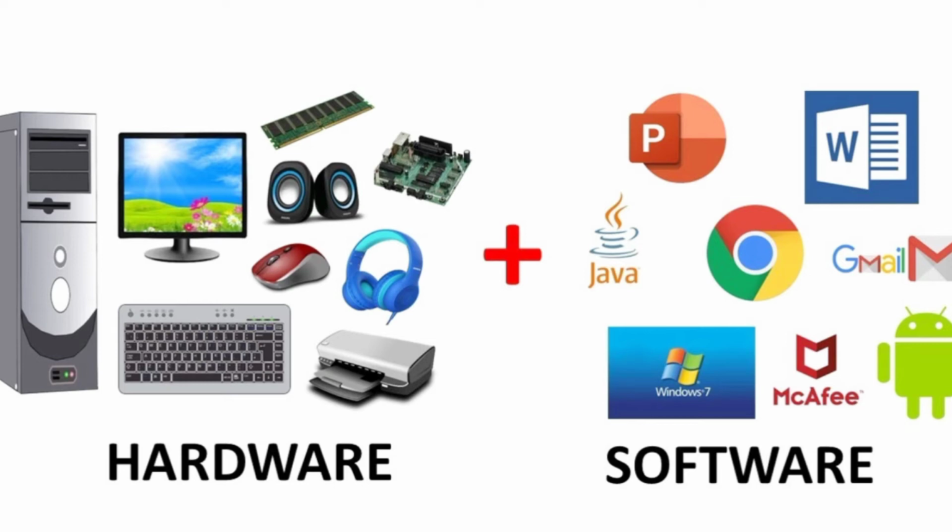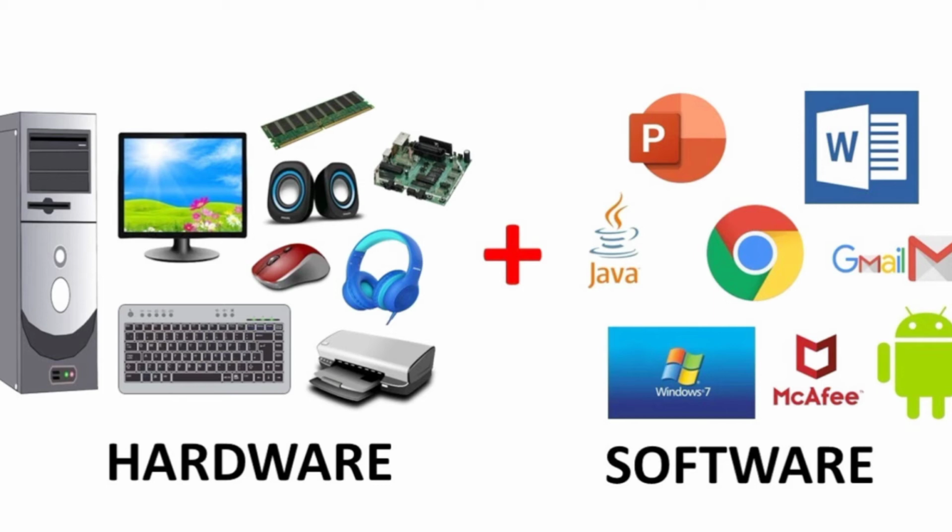Examples of hardware are CPU, monitor, keyboard, mouse, speaker, memory card, pen drive, headphones, motherboard. These all are parts of hardware which we can touch.